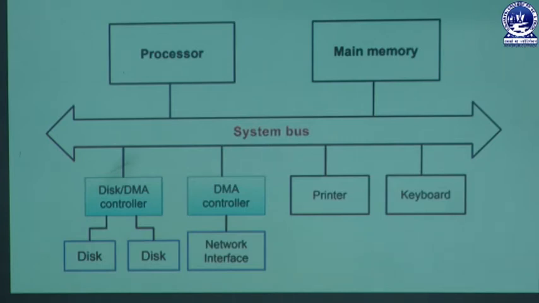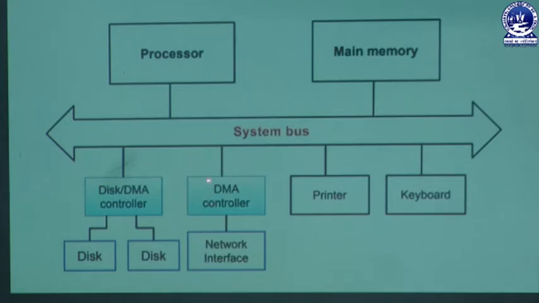So here is the DMA controller. The DMA controller is basically used to control the data transfer when the CPU is busy doing some other work, and the processor gives the information about the data transfer to this DMA controller.